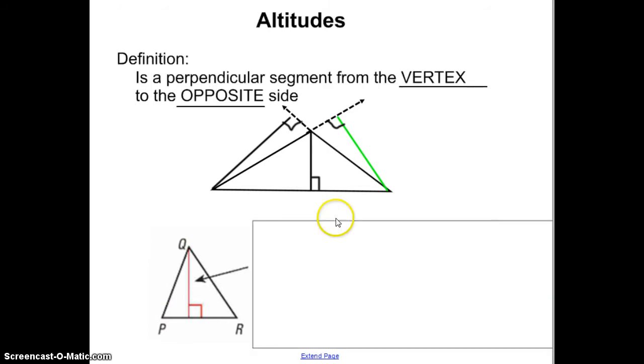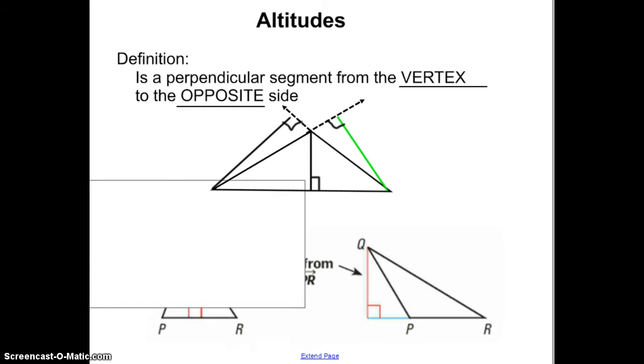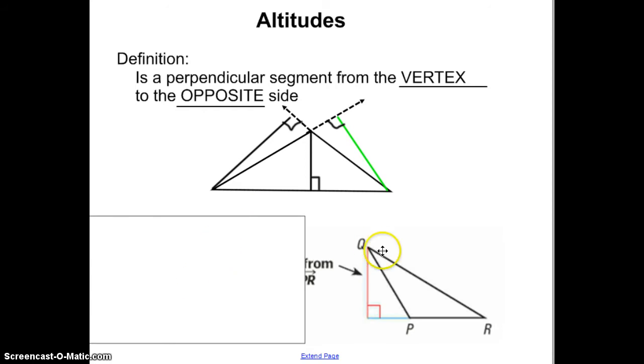Now in this example, just like we did up top, my altitude has to come outside of my triangle in order to make this right angle with this side PR of my triangle. So all I have to do is make this altitude, and I just have to extend the side of my triangle out to get this altitude to make it a 90-degree angle.